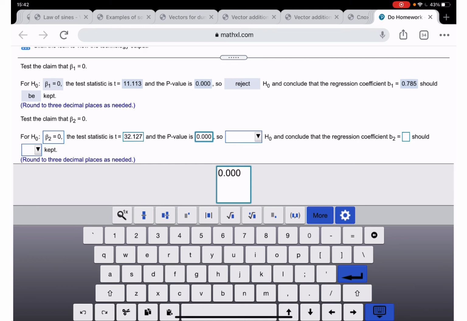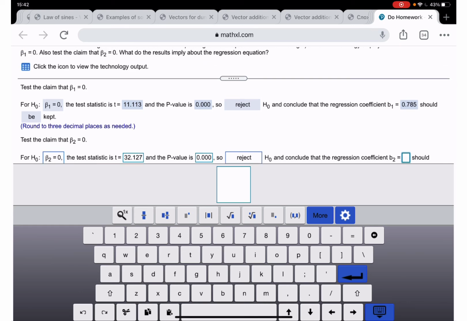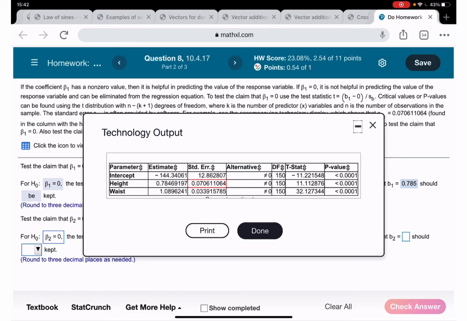Since the p-value is 0, we reject the null hypothesis. And B2, what is B2? B2 is the estimate value, which is in the first column, 1.090, right?